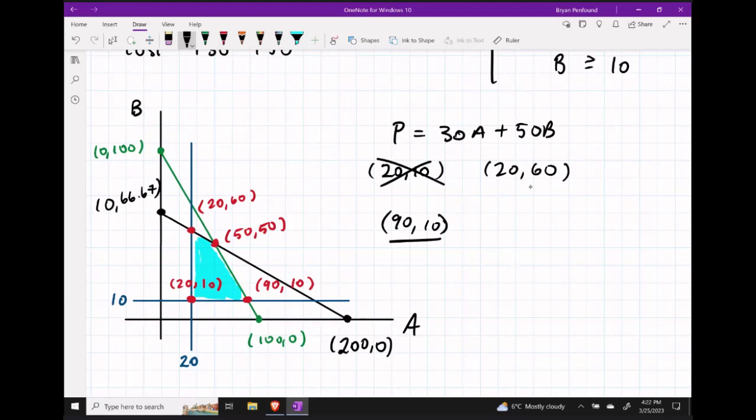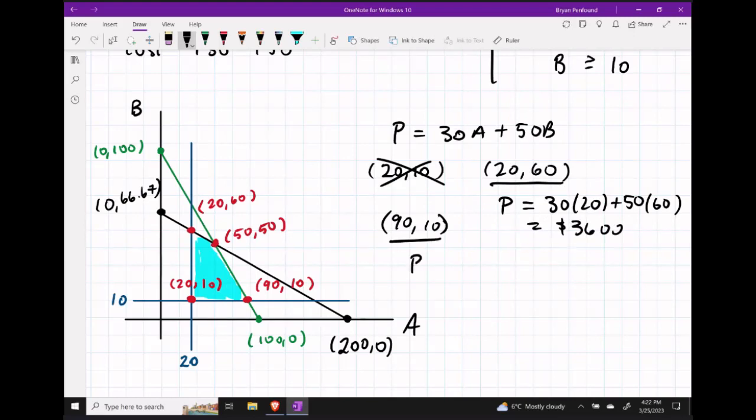So let's determine just how much profit we're going to have at these two corner points. Here we can take 30 times 20 and add to it 50 times 60, and it's going to give us a profit of $3,600.